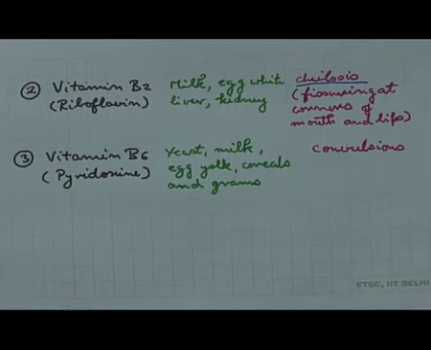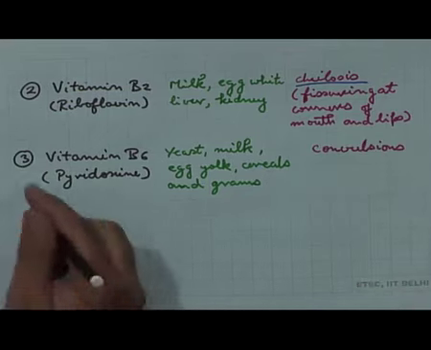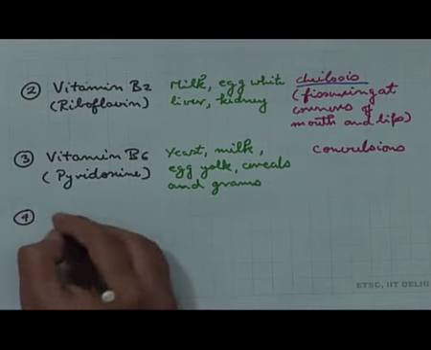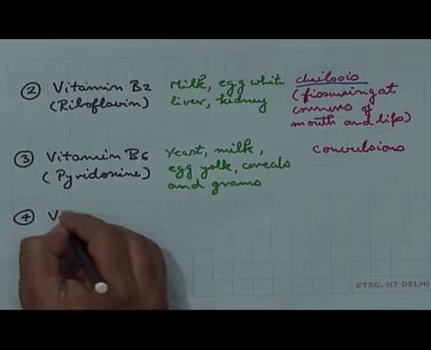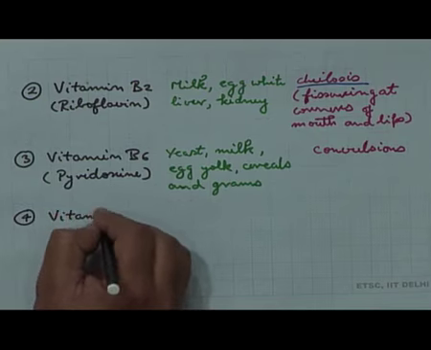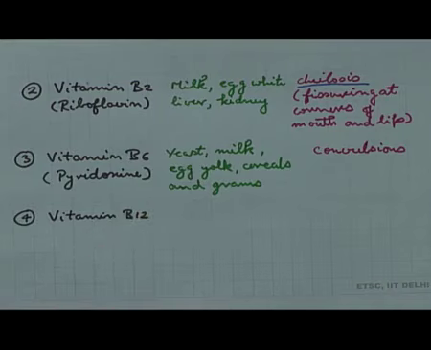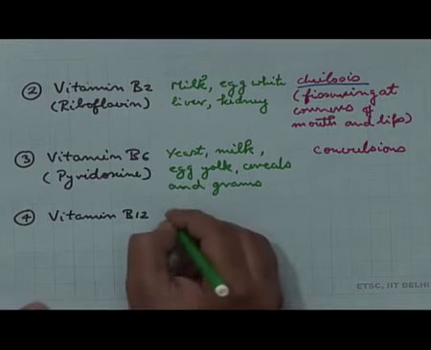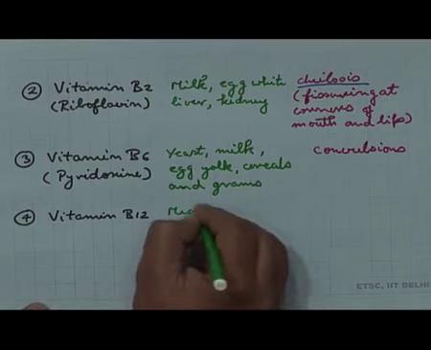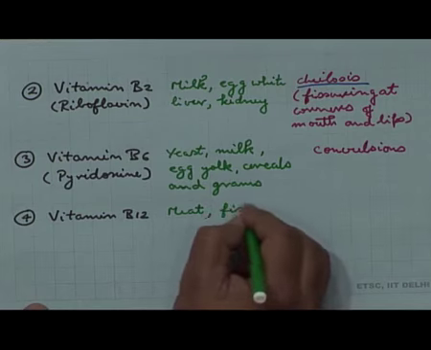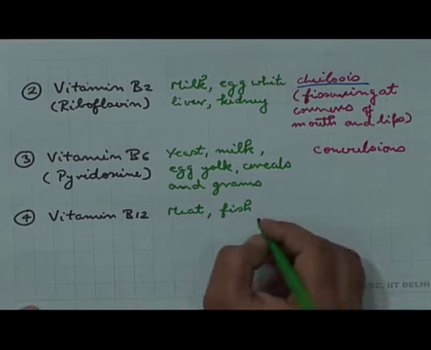Now, the fourth water soluble vitamin is vitamin B12, and vitamin B12 can be obtained from meat, fish, egg and curd.